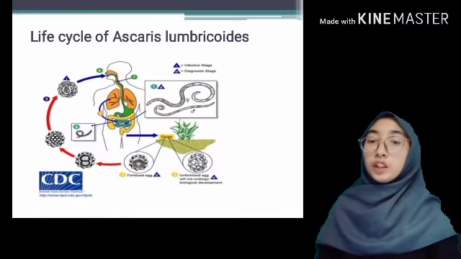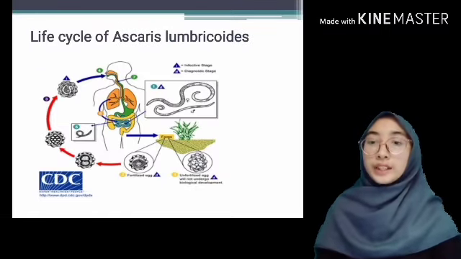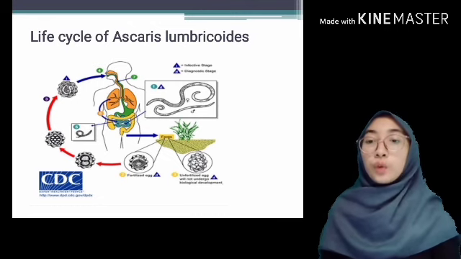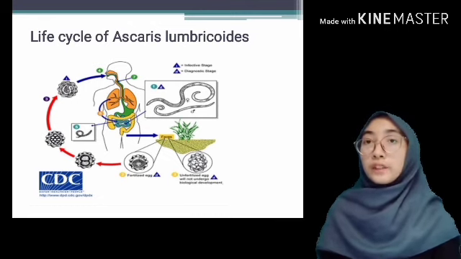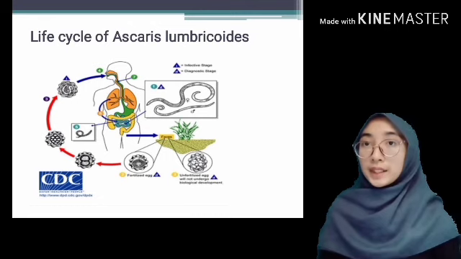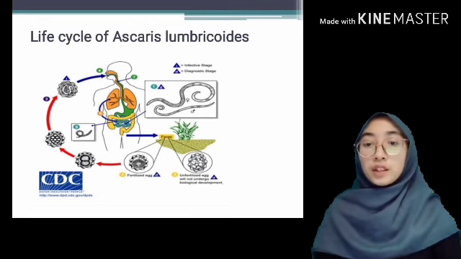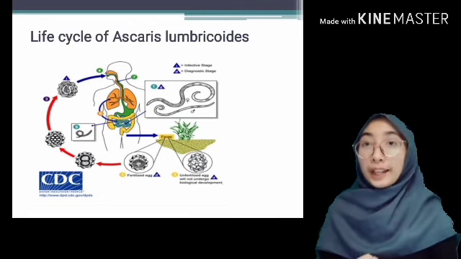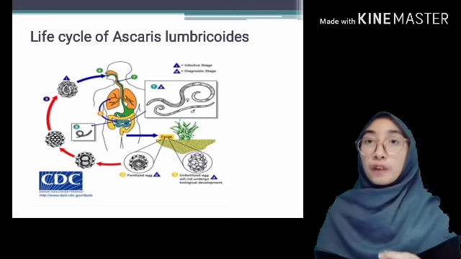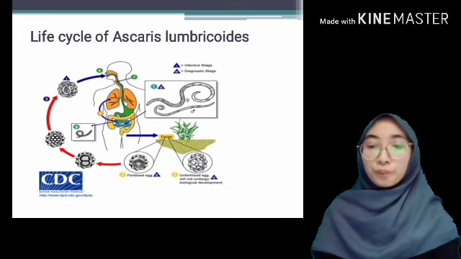The life cycle of Ascaris lumbricoides starts from the release of worm eggs with feces. In favorable conditions, such as warm air with a temperature of 20 to 30 degrees Celsius and moist, sun-protected soil, the embryos in fertile eggs turn into infective larvae within 3 weeks.